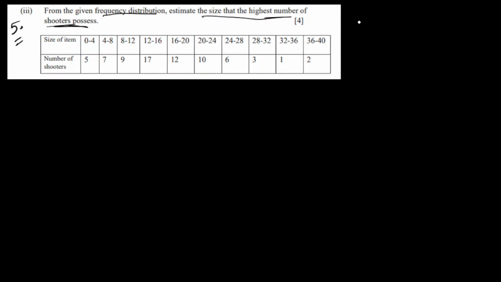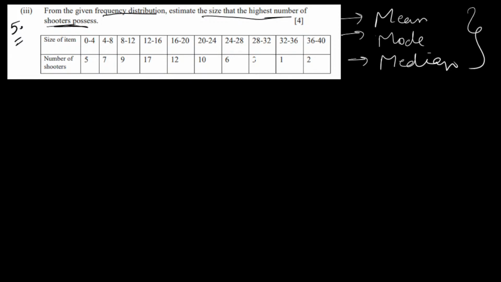Whenever a frequency distribution is given to us, we can find these three things: mean, mode, and median. Out of these three, in this question, what we have to find? We have to find the size that the highest number of shooters possess.